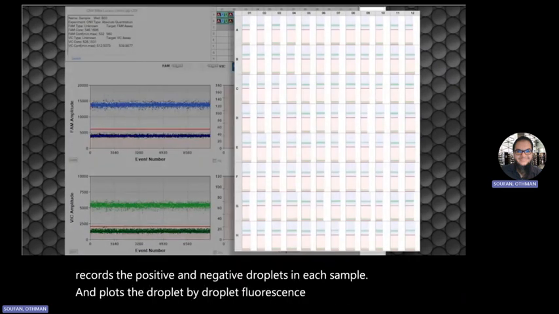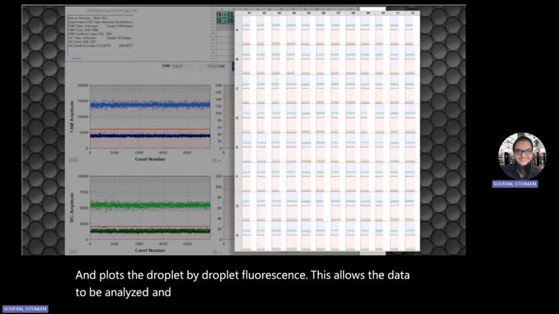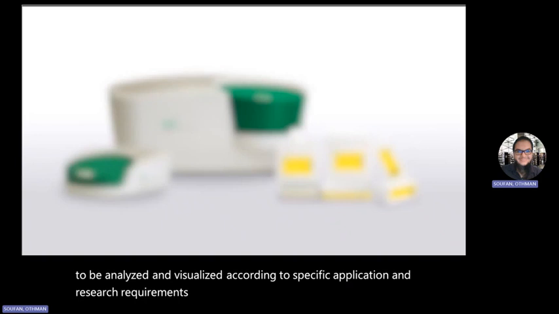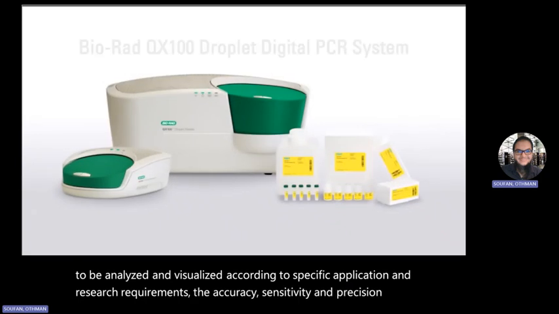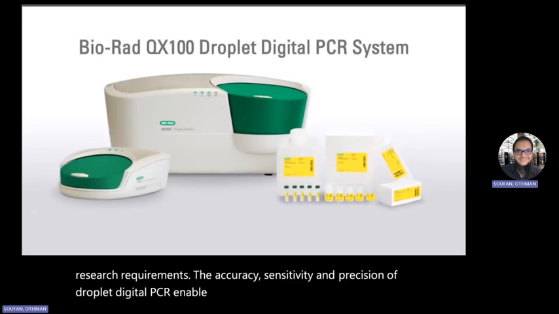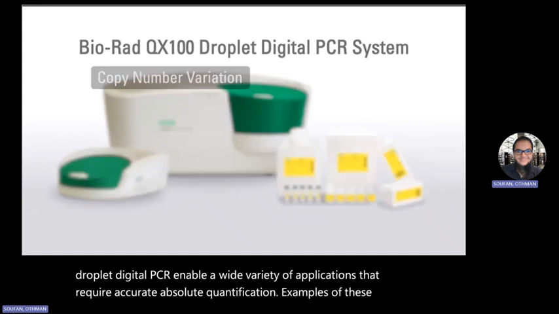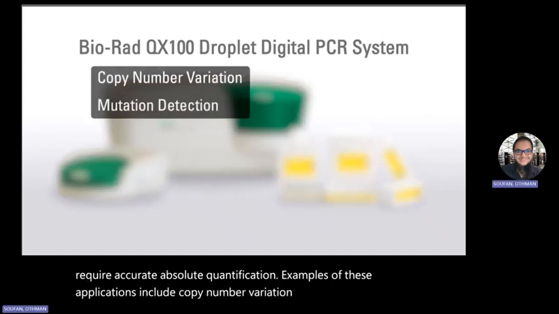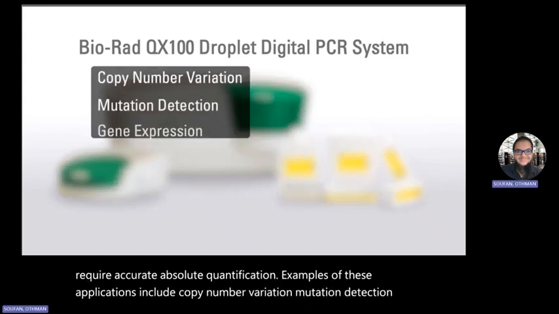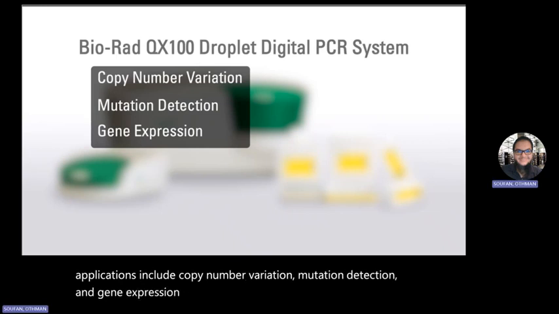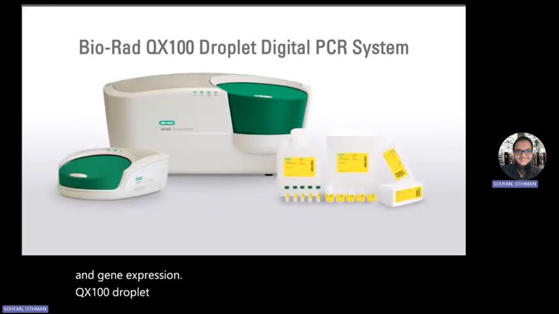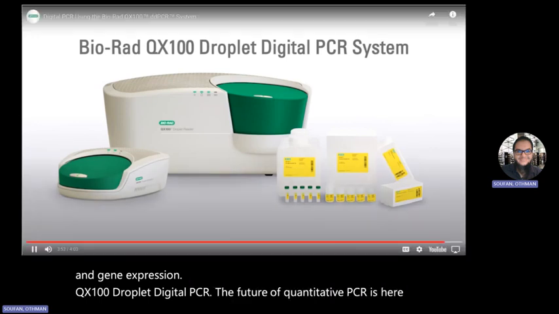This allows the data to be analyzed and visualized according to specific application and research requirements. The accuracy, sensitivity, and precision of droplet digital PCR enable a wide variety of applications that require accurate, absolute quantification. Examples of these applications include copy number variation, mutation detection, and gene expression. QX100 Droplet Digital PCR. The future of quantitative PCR is here, and it's digital. Be part of it.